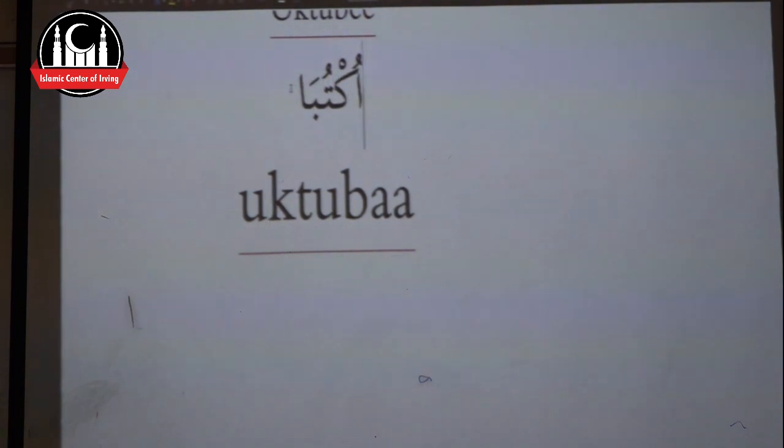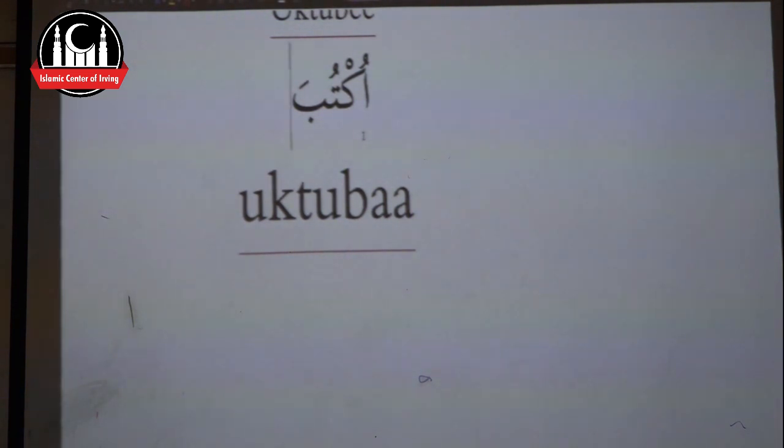And then what actually happens is, if I cut off this alif, it becomes uktuba. Uktuba is very similar to our first person present tense verb, right? If you look at the present tense verb here, as it says adribu, it's very close to that.